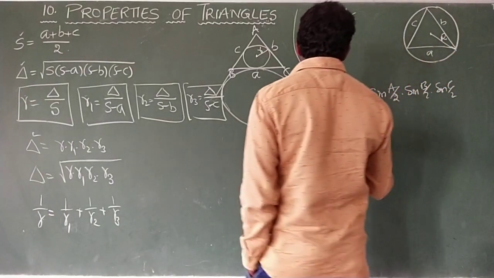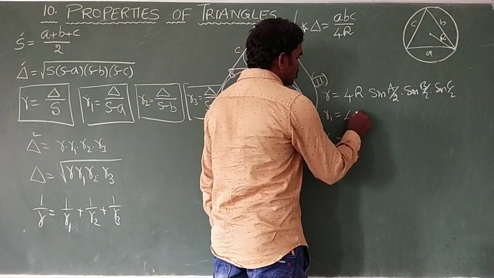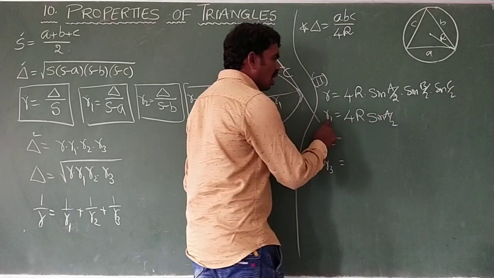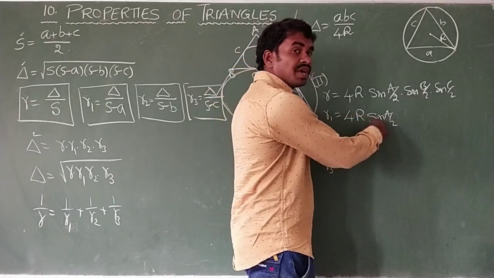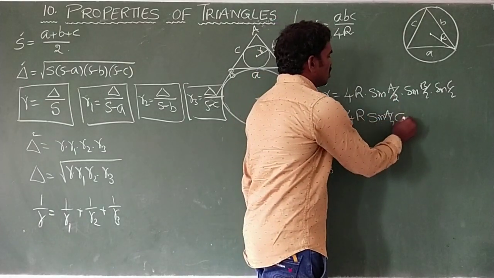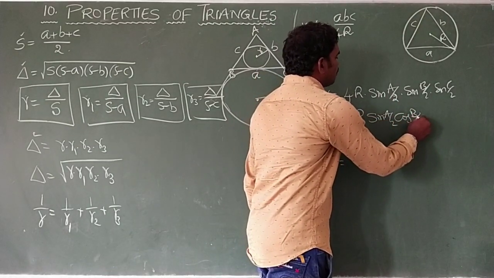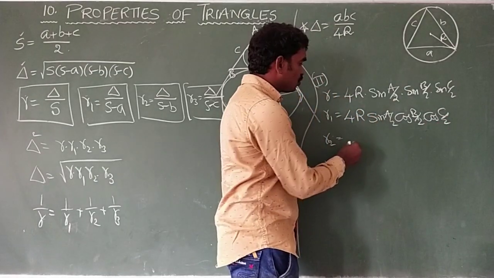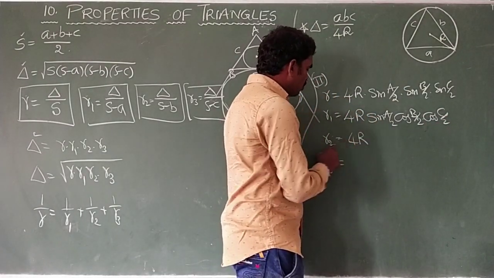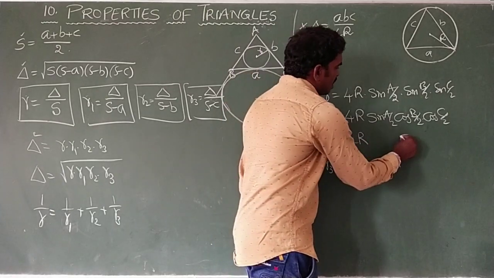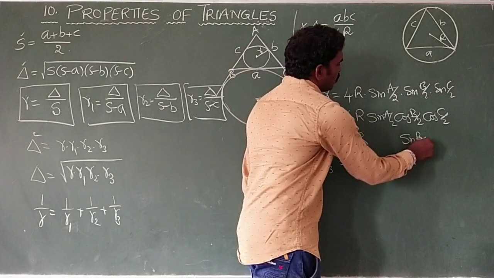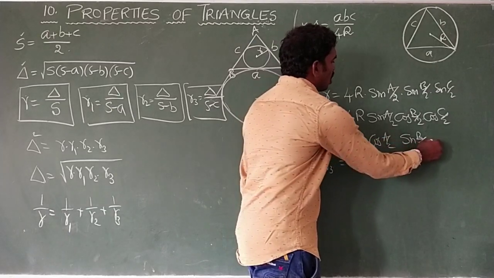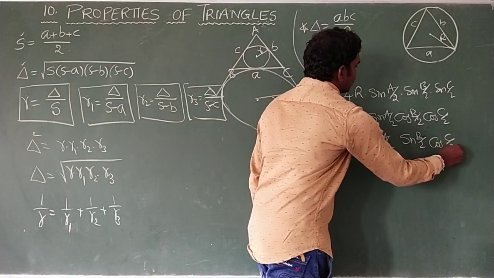Next, for r1 it is also the same as usual, 4R sine A by 2. Only for r1, the first one is sine, and the remaining are cos. So cos B by 2, cos C by 2. Similarly for r2, the second one is sine, that is sine B by 2, and the remaining both will be cos: cos A by 2, cos C by 2.